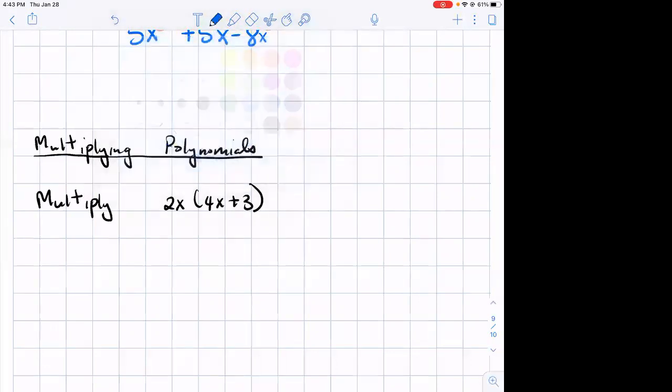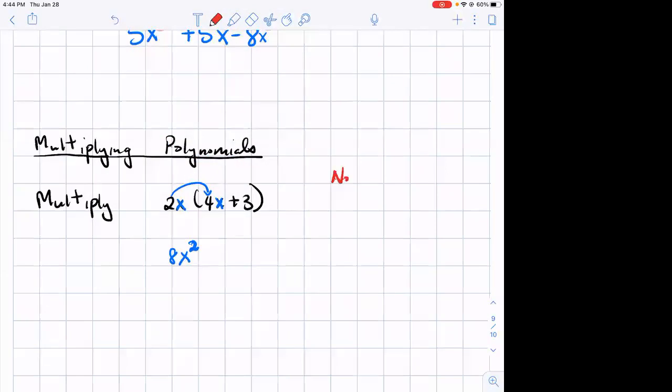If you multiply 2 times 4, this becomes 8. But when you multiply the x with the x, it becomes x squared. So whenever you're multiplying and dividing, there's a little note here.